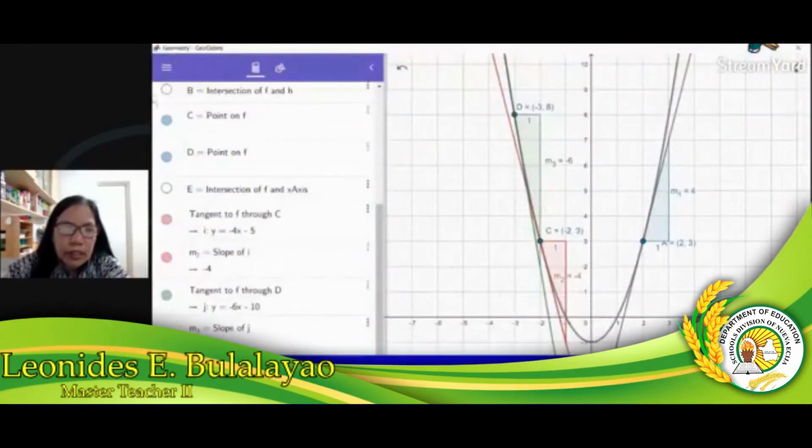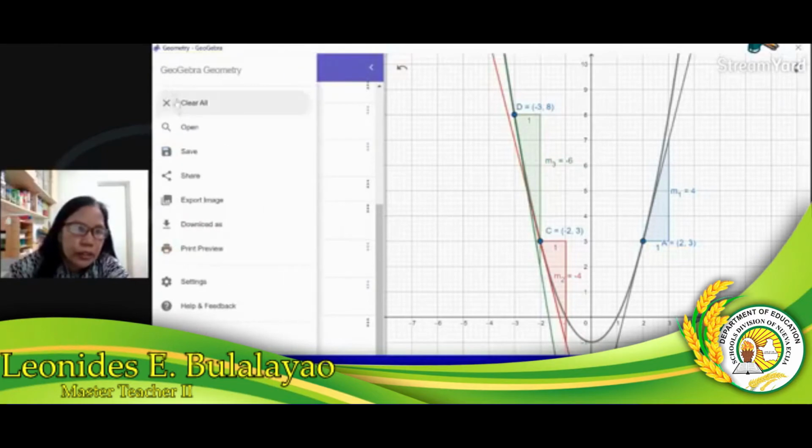So let's check. Let us check using GeoGebra.